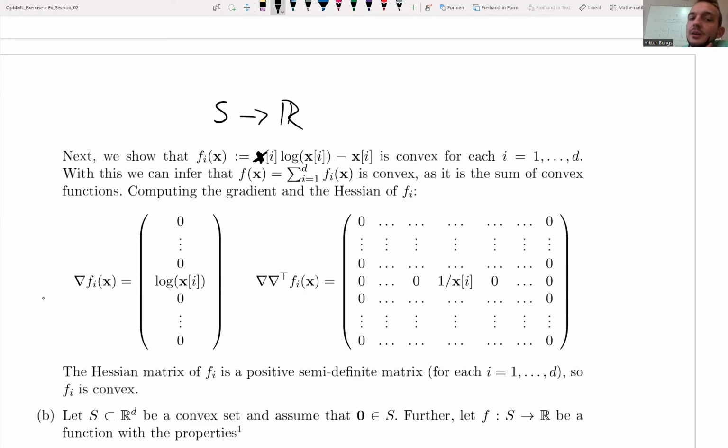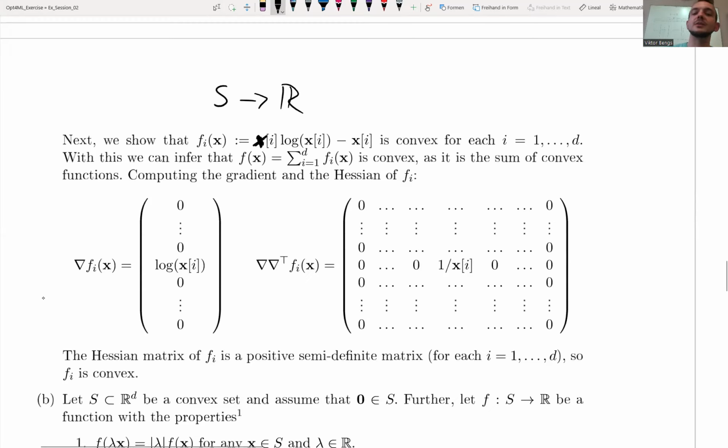And now, if we can show that all of these fi's are convex, we have here f of x written as a sum of convex functions. And as we know, convexity is preserved by doing summation over convex functions. So f of x is convex itself.